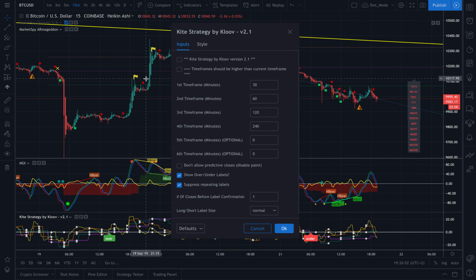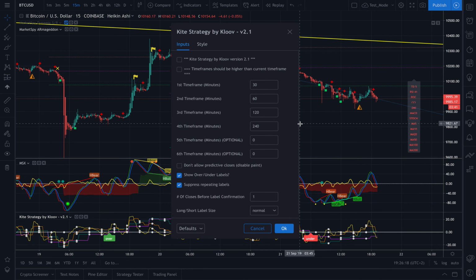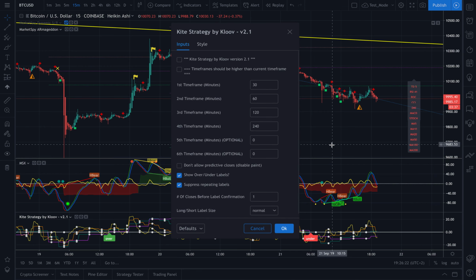But I tested a few hours, many hours I would say, and came to the conclusion that using the 15-minute chart and showing here the VWAP from the 30-minute, 60-minute, 120-minute, and 240-minute, so the hour chart, 2-hour, and 4-hour chart, brings me the best results.